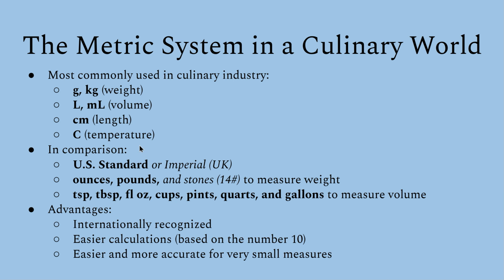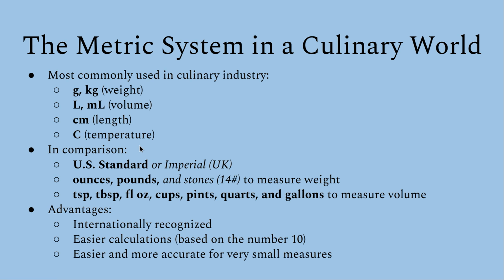So, the advantages of using the metric system: it is an internationally recognized system. Most countries use it. It is easier calculating using the metric system because it's based off the number 10, so everything is multiples of 10.